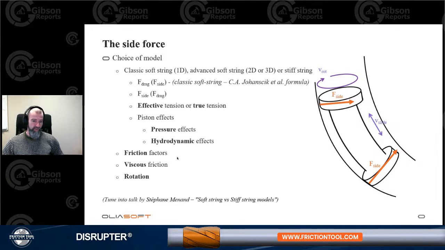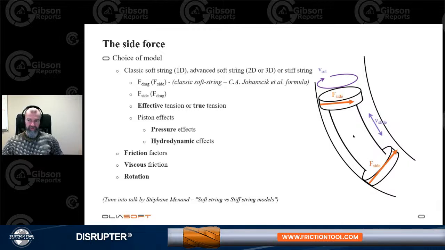Of course, the type of friction parameters you insert into your analysis will have a big impact on the side force that you calculate, and the viscous friction. So if you're pumping and the mud is moving, the viscosity will pull on the drill string in the direction of the flow. Obviously, one might think that if you are pumping, the flow is moving down on the inside and up on the outside.